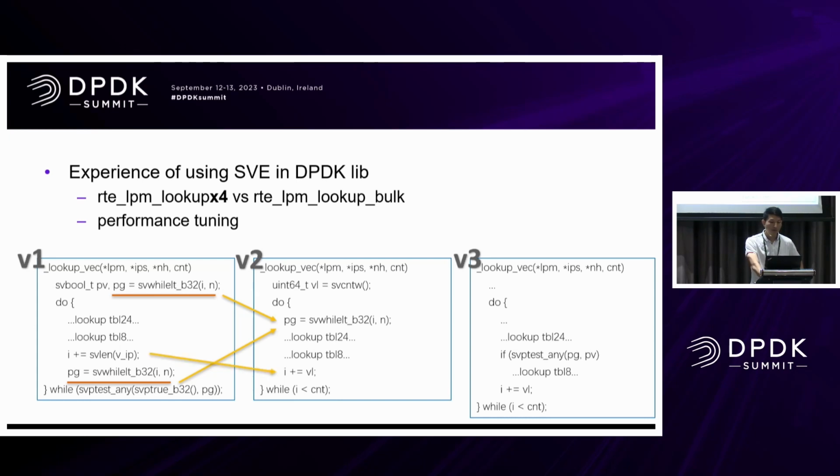We also removed the need to check the vector length. Not the vector length, but the entries that are processed in a loop. As you can see, this would be done each time in the loop. So we moved it outside of the loop, so it will be fixed and there's no need to do that for each iteration.